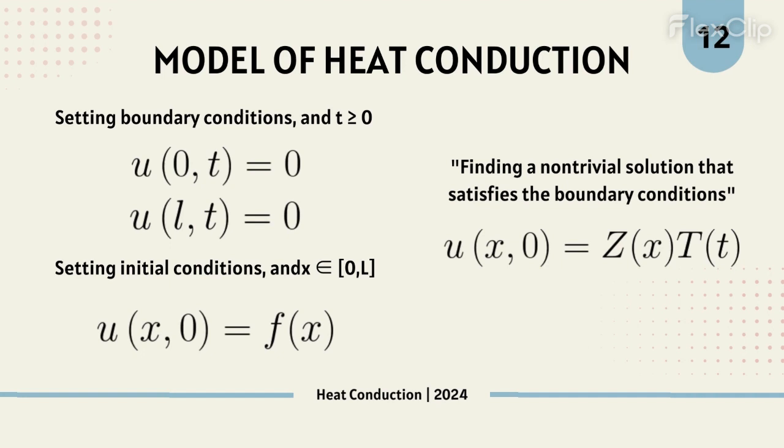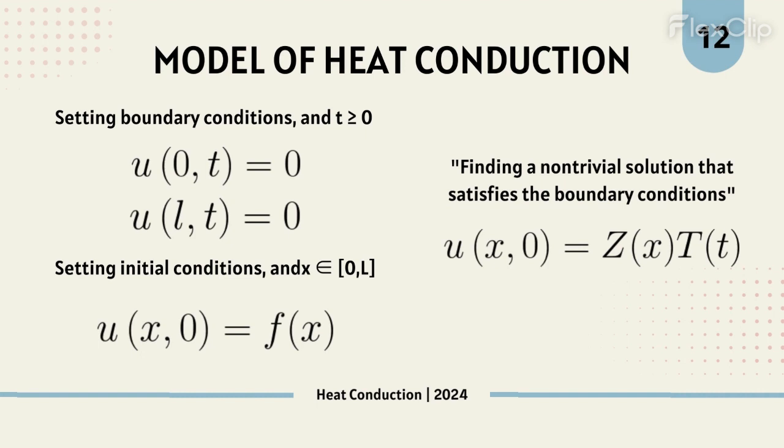And next are some conditions about the model. The initial condition, for x belonging to 0 to L, is U of x, 0 equals f of x, the temperature distribution along the rod at the initial time.